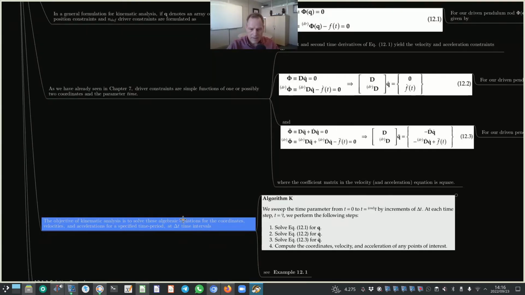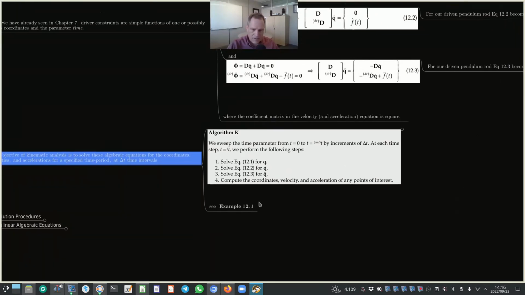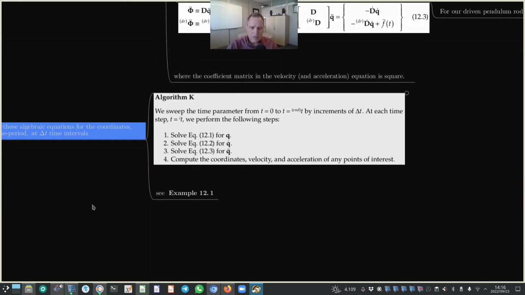Okay, now Newton-Raphson in planar multibody dynamics gives this algorithm K. We sweep the parameter from t0 to t end by increments of delta t. At each time step t equals it, we perform the following steps.